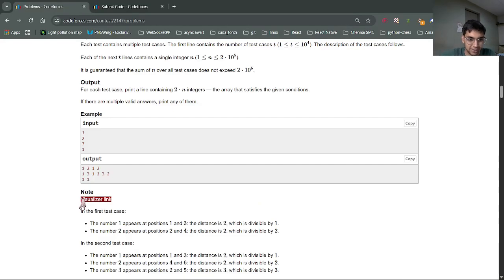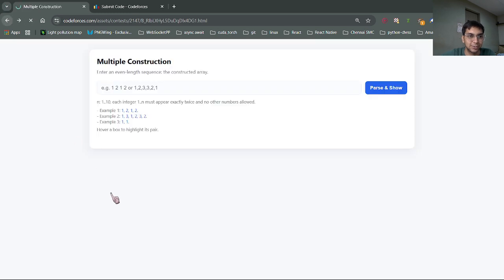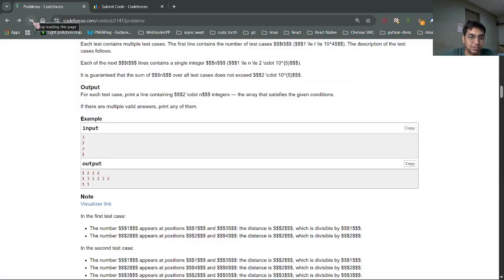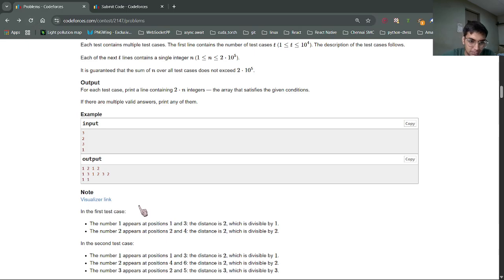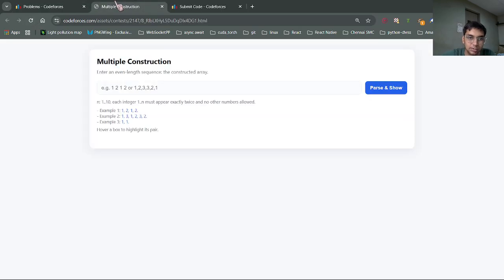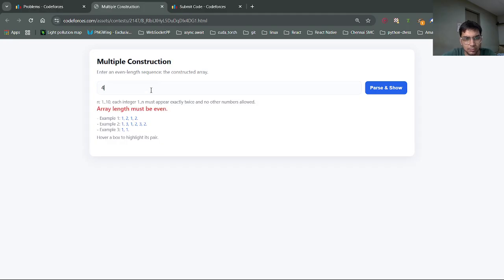They have also given a visualizer link. Wow, man, today Codeforces is on fire actually. Let's say 5.